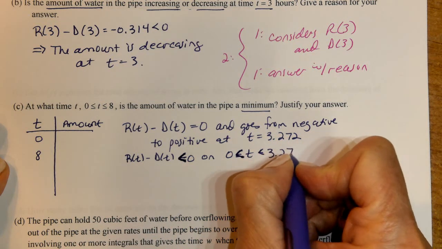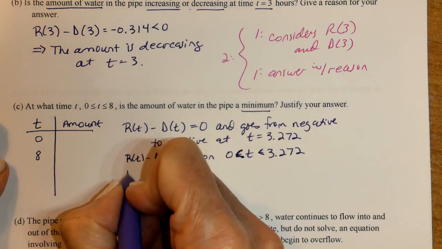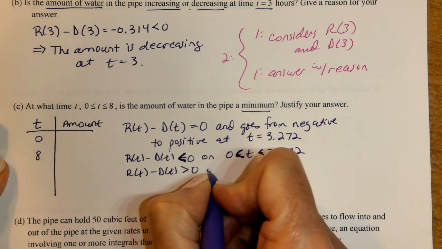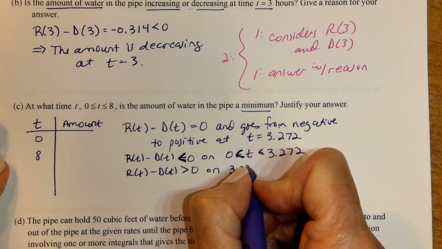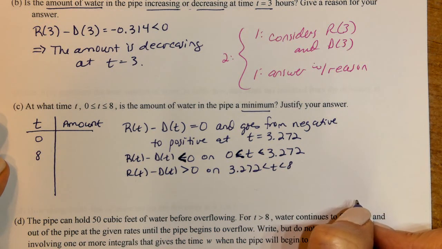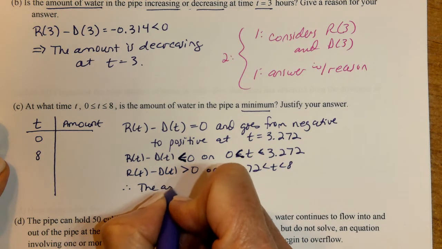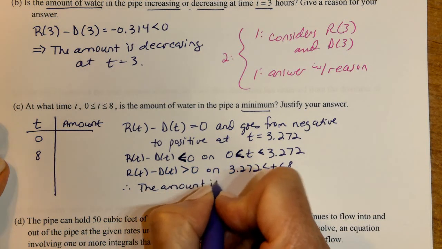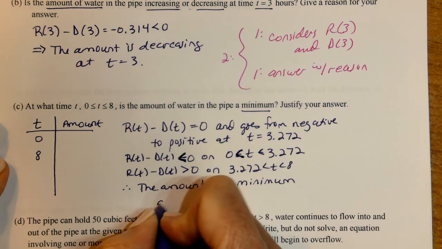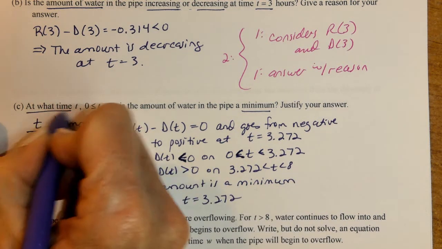You just want to make sure you're saying correct things. Okay, and R of t is greater than 0 from 3.272 to 8. Therefore, the amount is a minimum at time 3.272.